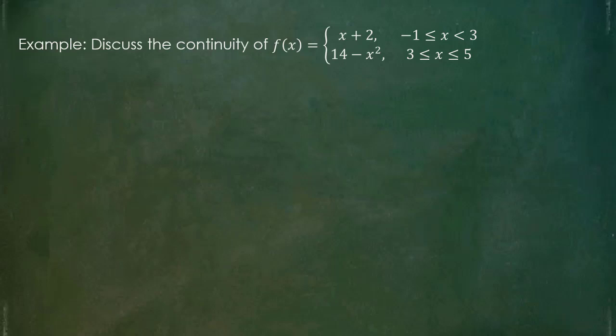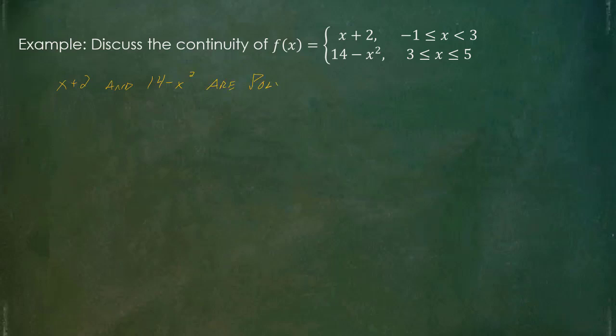So for this first one, I'm going to discuss the continuity of a piecewise type function. What is nice about the two parts of this piecewise is that x plus 2 and 14 minus x squared are both polynomials.